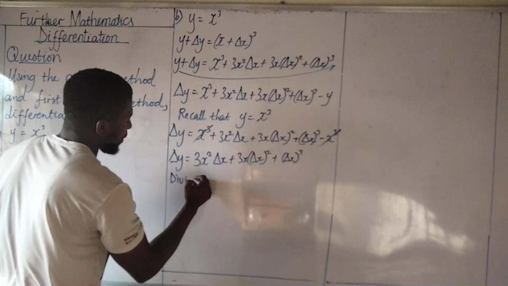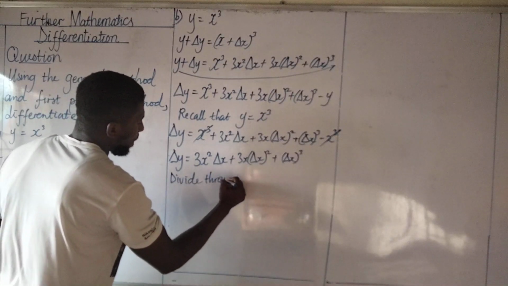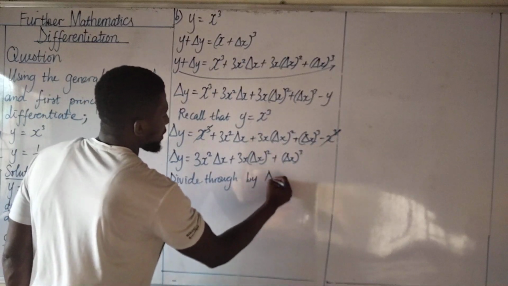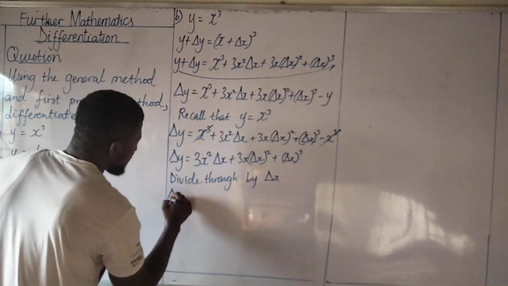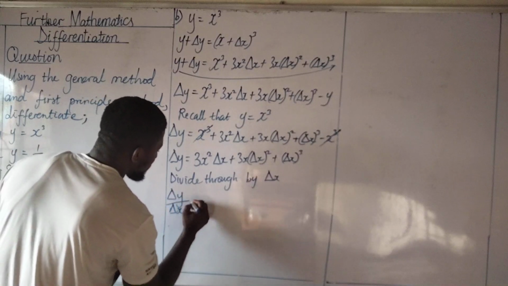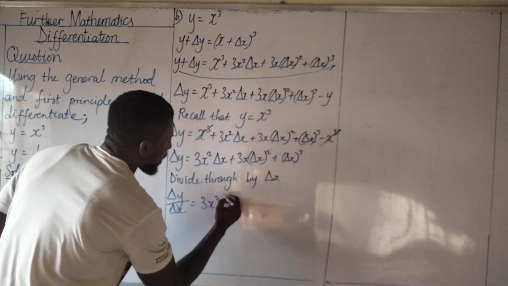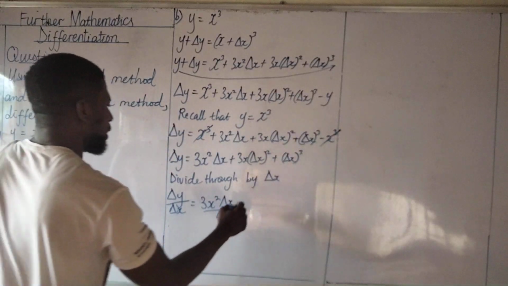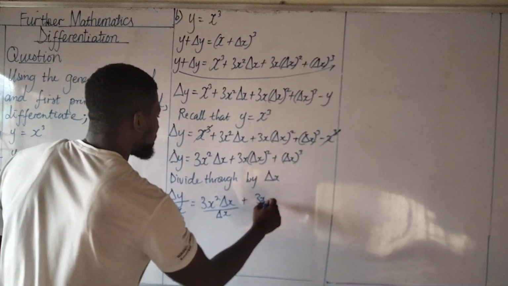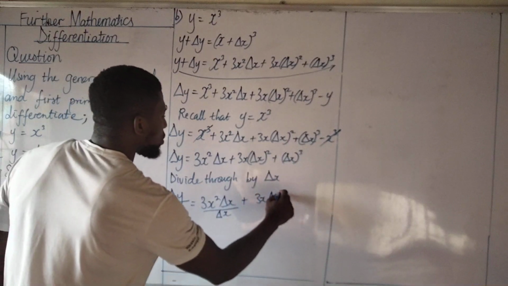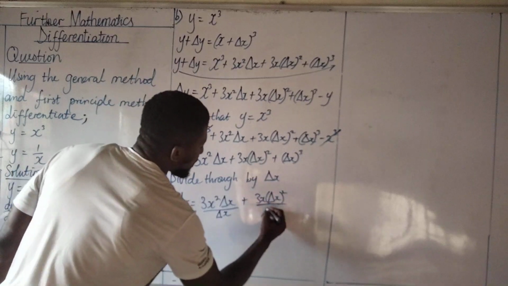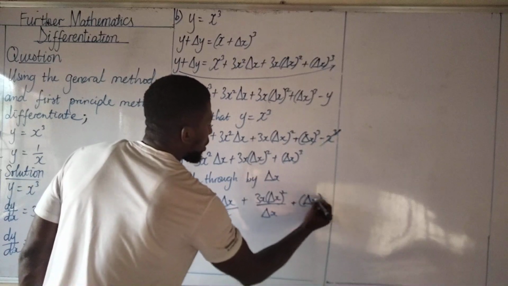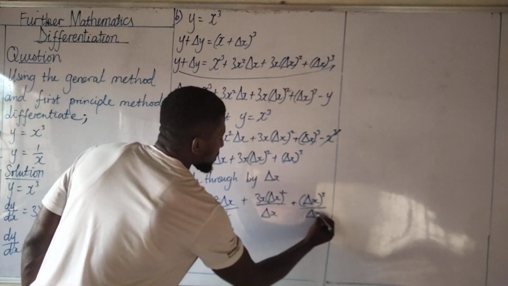Divide through by change in x. So when that happens, we have change in y divided by change in x equal to 3x squared change in x divided by change in x, plus 3x change in x all squared divided by change in x, plus change in x all cubed divided by change in x.